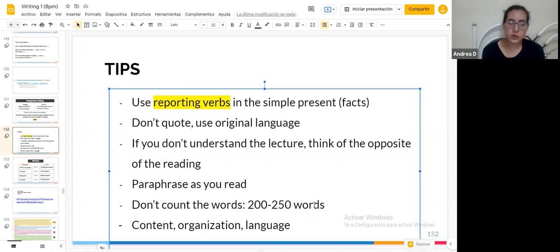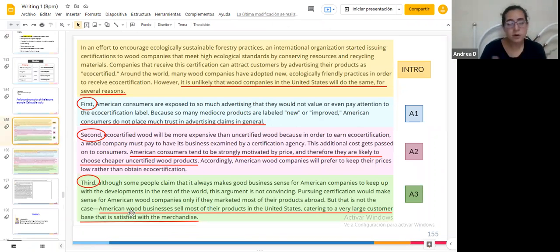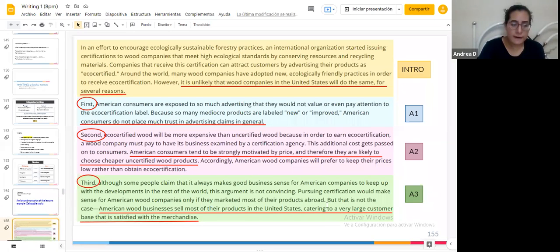If you want to make sure you have the minimum, just make sure that you are covering everything you have in here. So you have the main claim, the 3 reasons in favor and against. If you have that, you'll be more than fine. You can count the paragraphs.